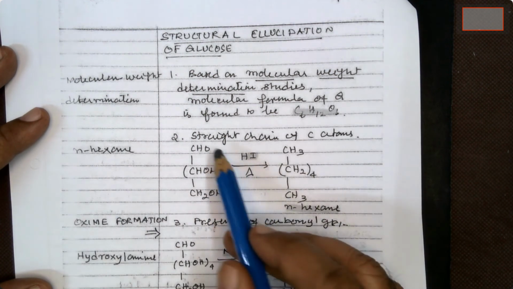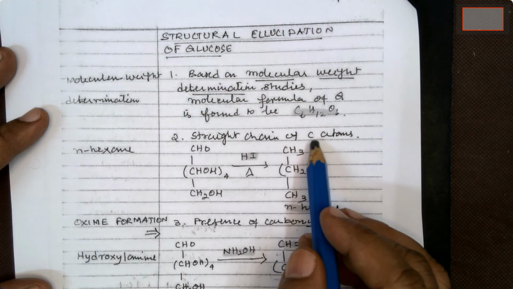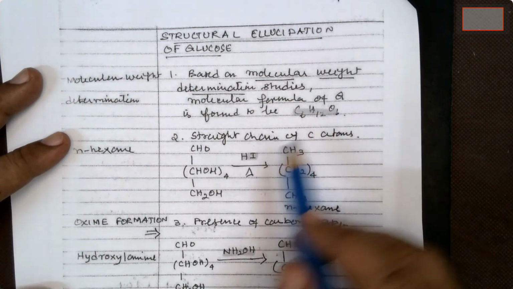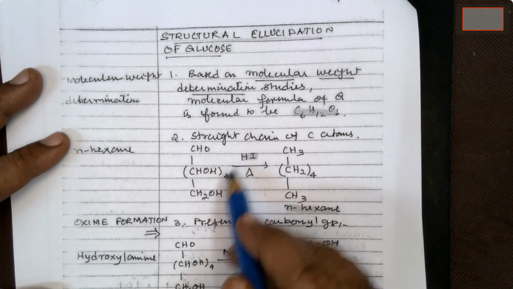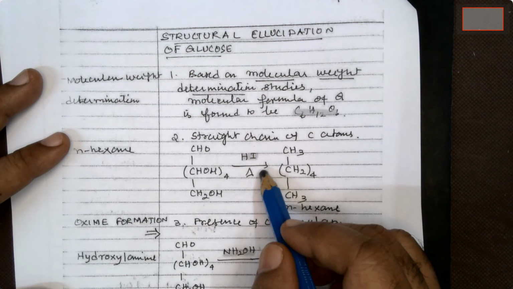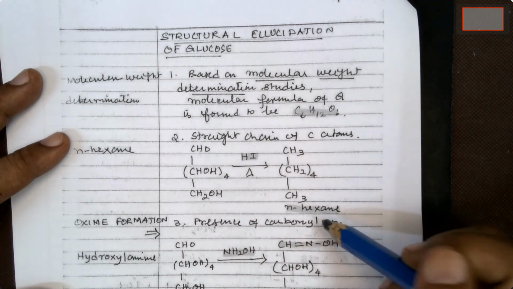Now, it is a straight chain of carbon atoms. How was it proved? When glucose is heated with hydrogen iodide, we get n-hexane.